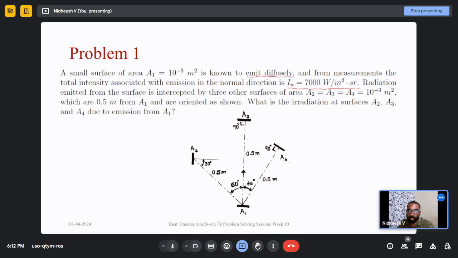That means it would have the same intensity in all angles. Irrespective of the direction in which it is emitting, it will have the same intensity of emission. That is the meaning of diffuse emission. Is that clear?